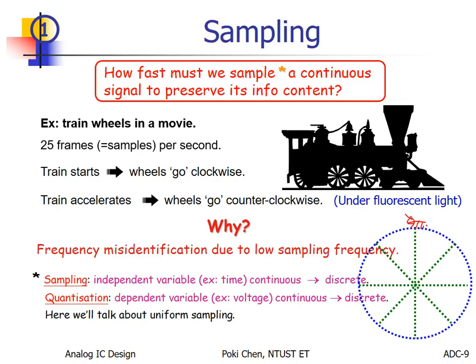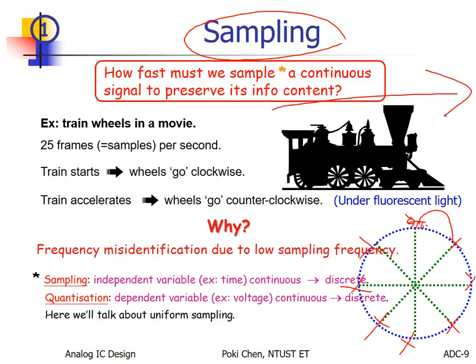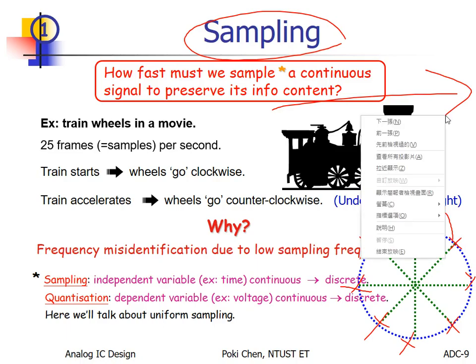After rolling forward and sampling, if the speed of the wheel is not so much, then at the next blink it is here, and next, and next. That is what you get in your own brain. The wheel is rolling clockwise because the train is driven to the right. But after speeding up, what is the consequence?